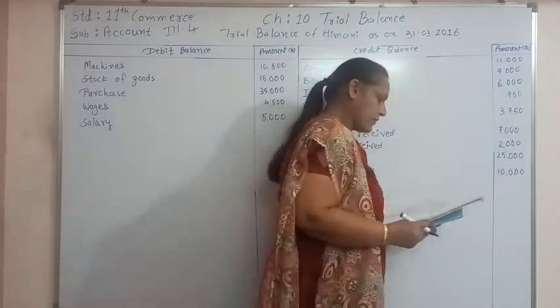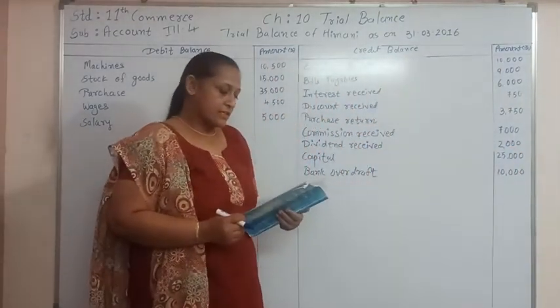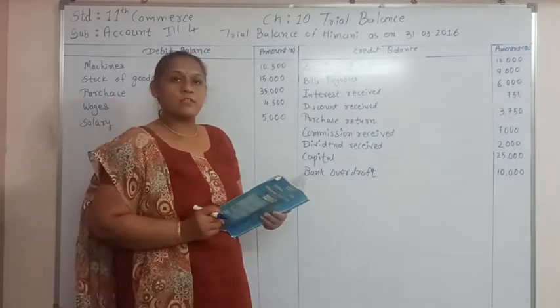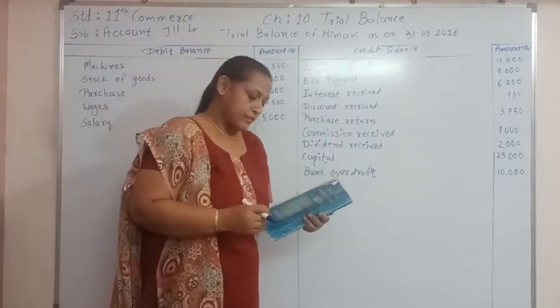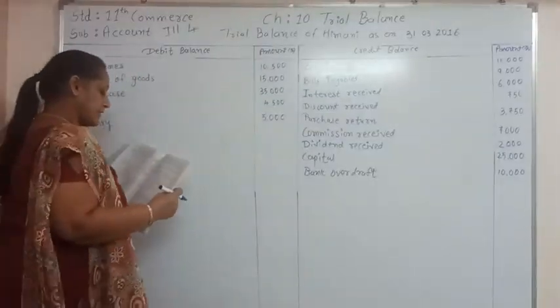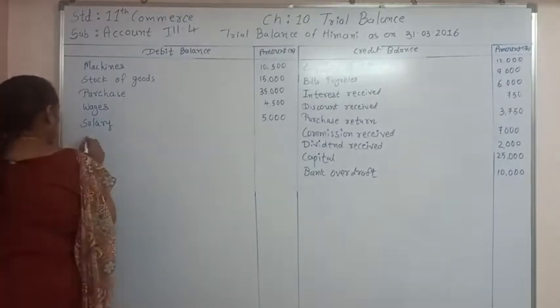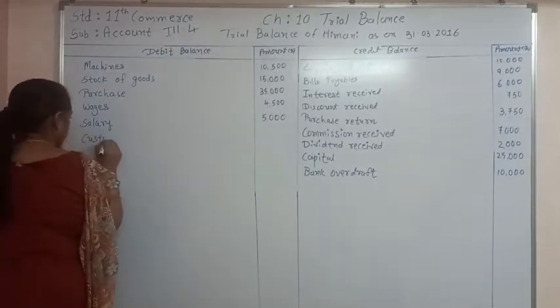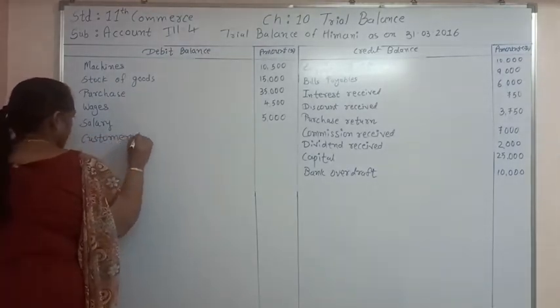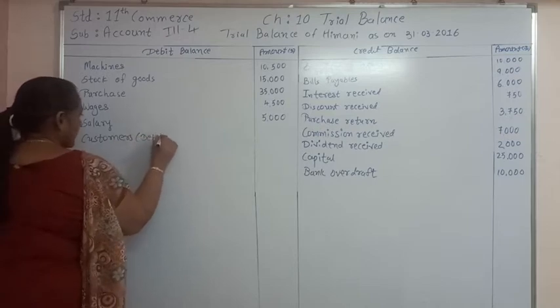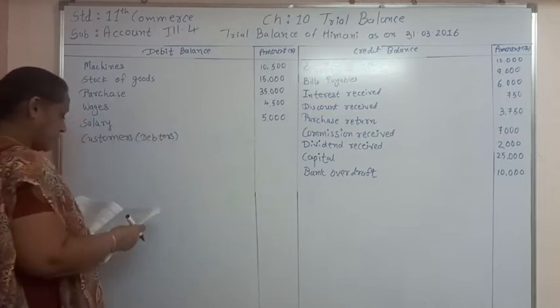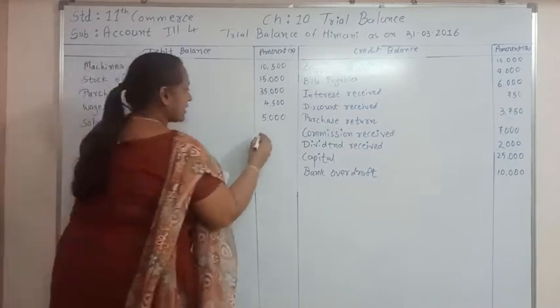After bank overdraft, another account is debtors account, and as we know, debtors, that is customers, have debit balance, so we will write it on the debit side. Customers, also called debtors, have the balance of 20,000.